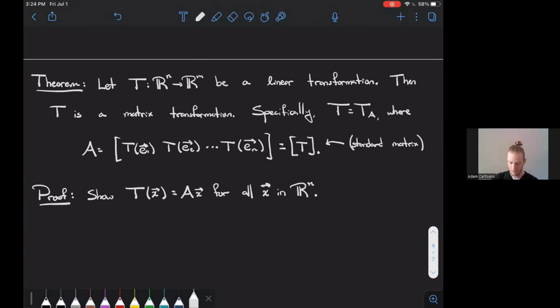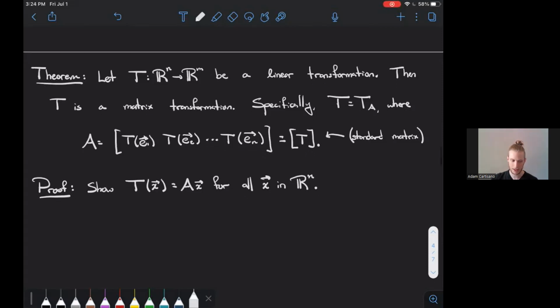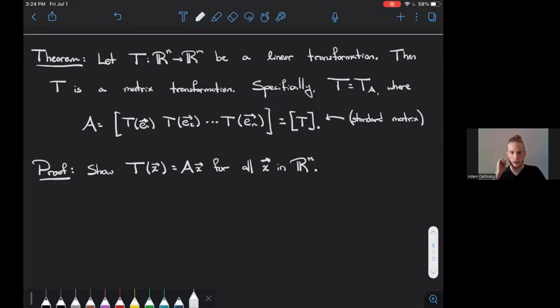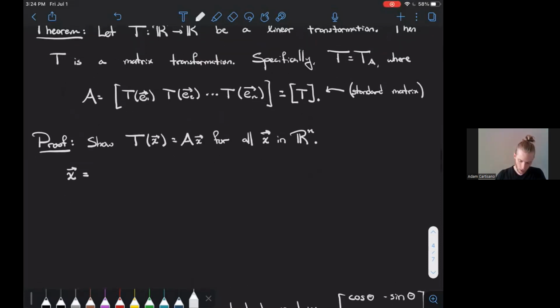Okay, so now for the proof, we have to show that this will work for every single vector in Rn. So the strategy is this. First, use the standard basis for Rn to write x as, I'll stick with the book's notation, x1 e1 plus x2 e2.